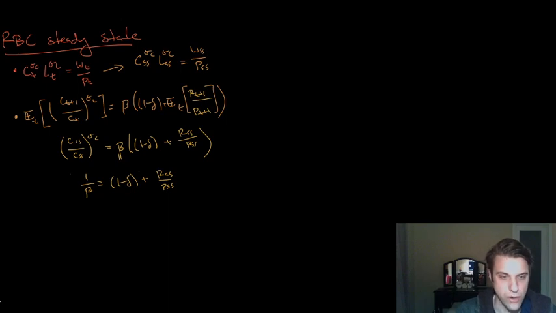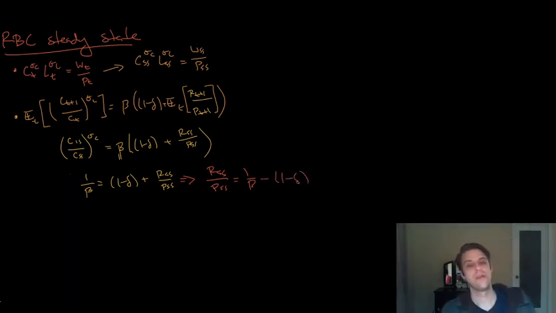We could solve this for the real rental rate of capital just by subtracting 1 minus delta, so we have R_ss over P_ss is equal to 1 over beta minus 1 minus delta. Right away, we found a price.